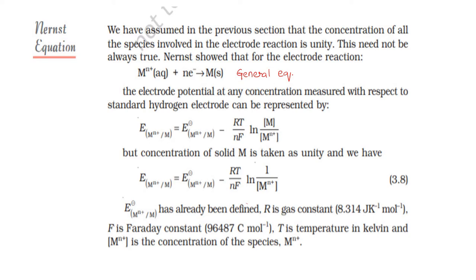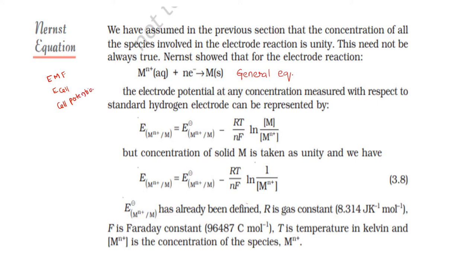We are going to start the Nernst equation. This equation is for calculation of what? EMF of cell, or E cell, or cell potential. All these are the same.